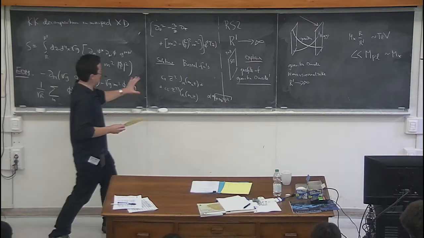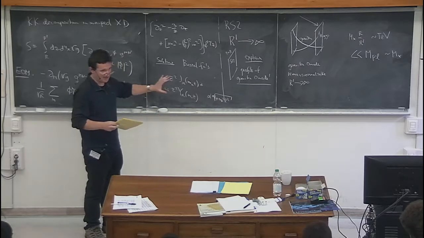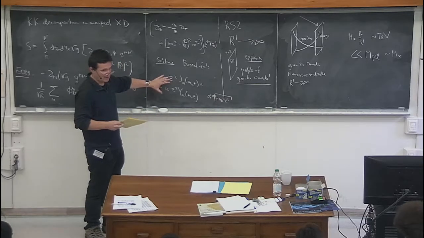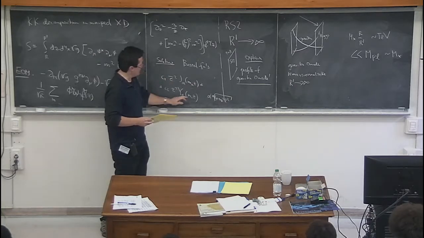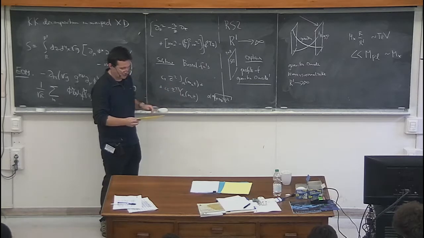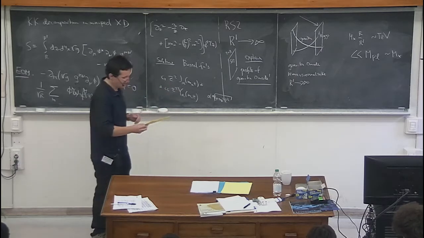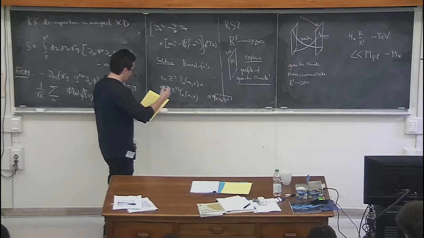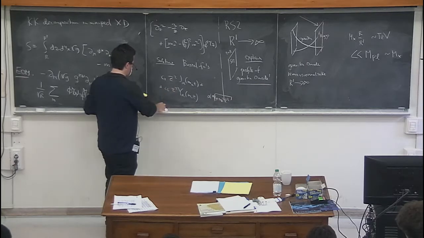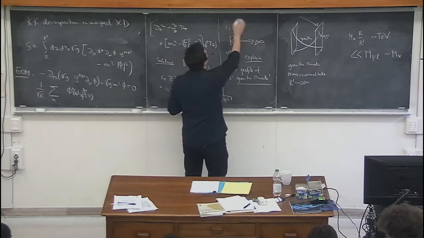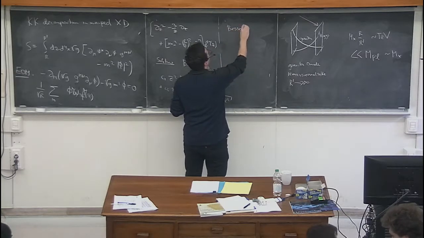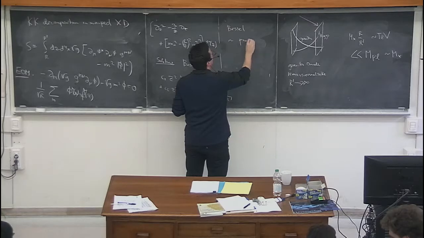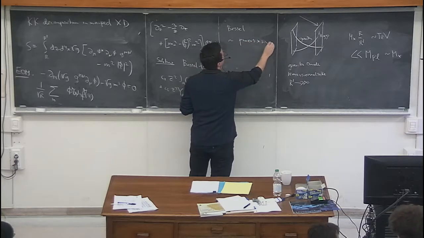Anyway, the important thing is the Bessel functions are very generic. That's what is always going to show up in these. The important thing is that these Bessel functions, for large values of z, are powers times sine or cosine.